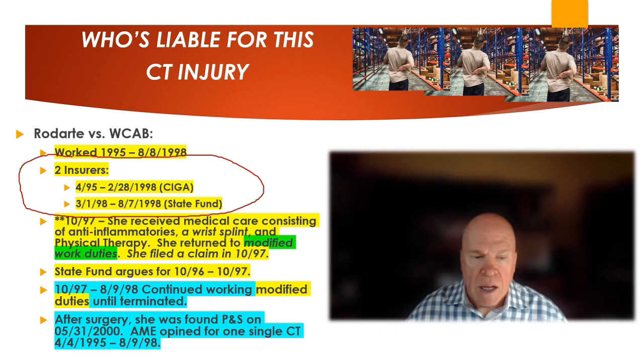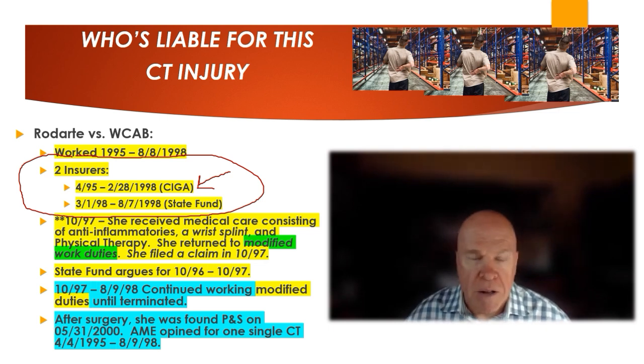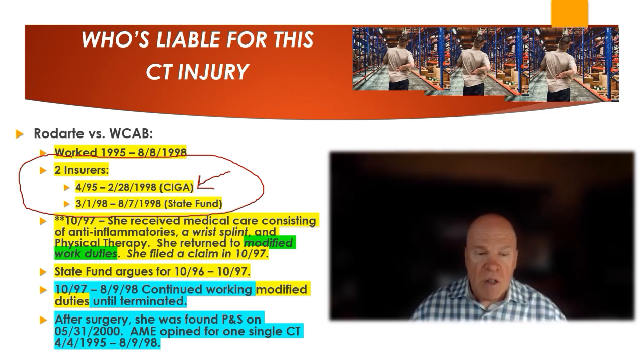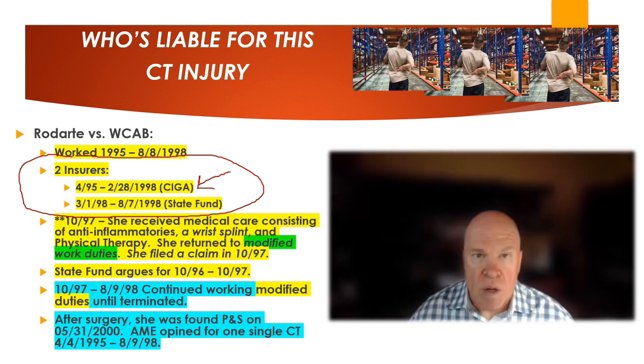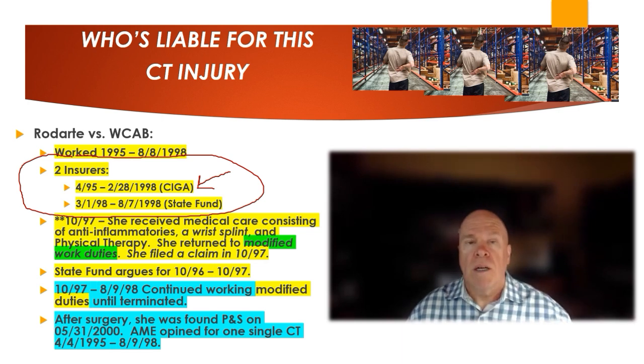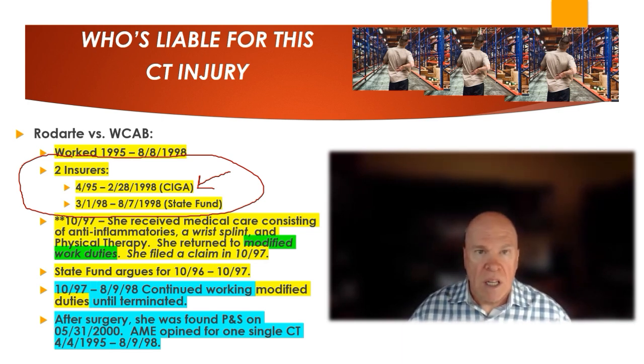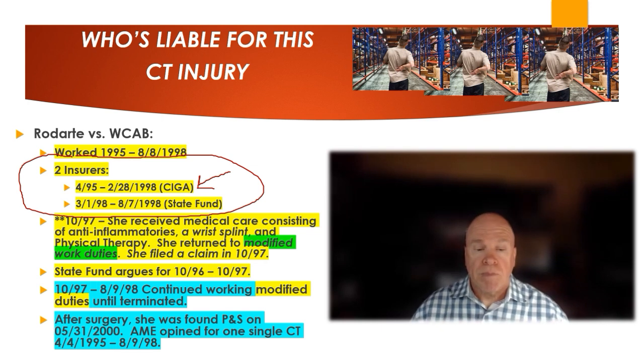So in October of 1997, during the liability period of California Insurance Guarantee, Ms. Rodarty received medical care consisting of anti-inflammatory medications. She received a wrist splint. So there's the orthopedic devices, which established the date of injury, which established the disability in the Wagner case.